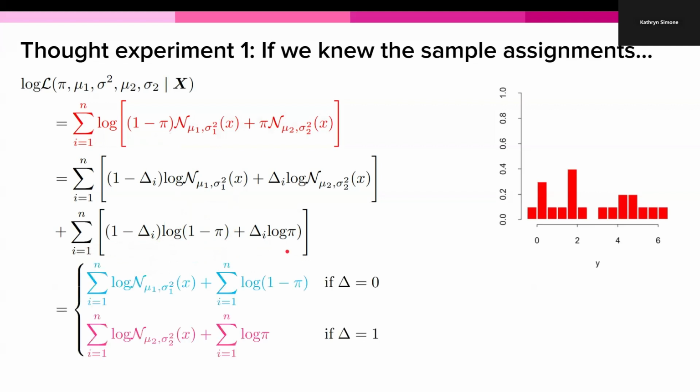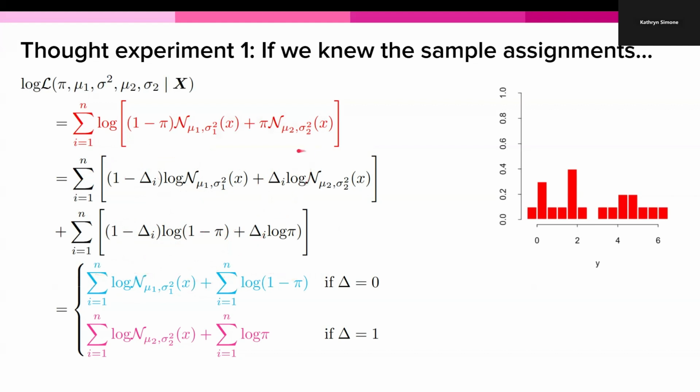And so with this thought experiment, we can see that this simplifies things dramatically. Because if delta takes on a value of 0 for a given data point, we're only interested in this term and this term here, and so this whole thing simplifies to this blue part for a given data point, essentially focusing only on the contribution from the first Gaussian.